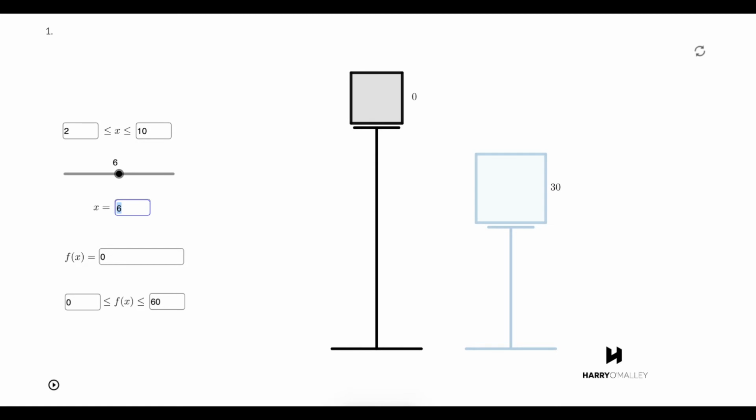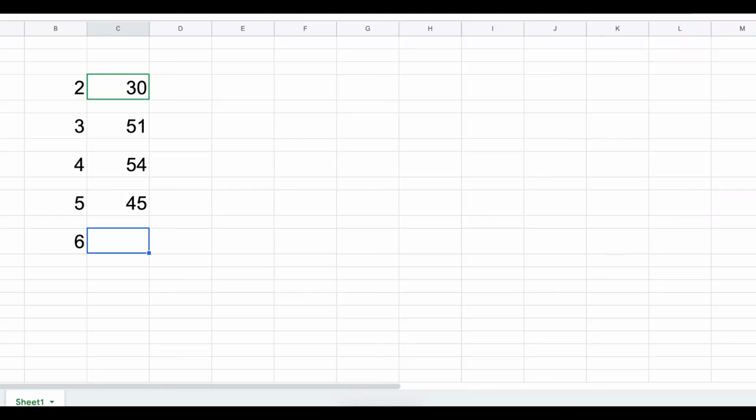We're back at 30 again. In order to get the third differences, we're going to need at least 5 data points to see if the third differences are constant. So you need at least 5.